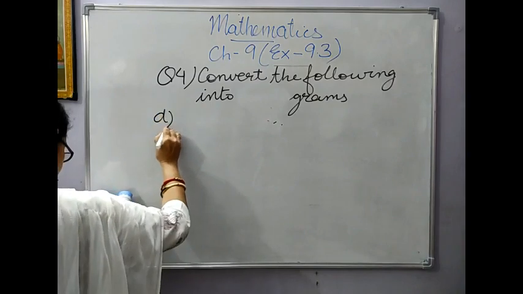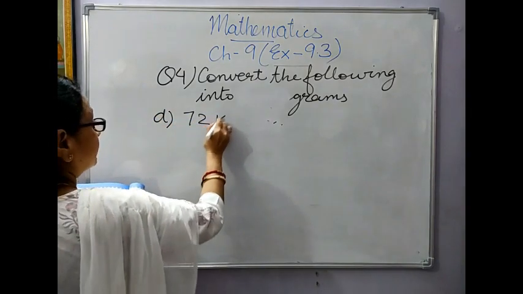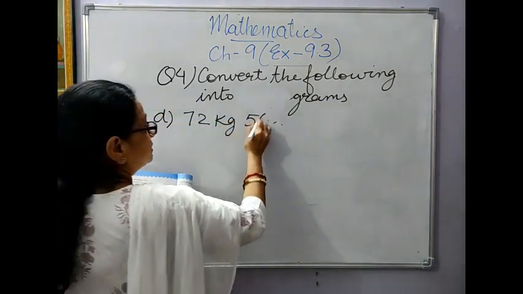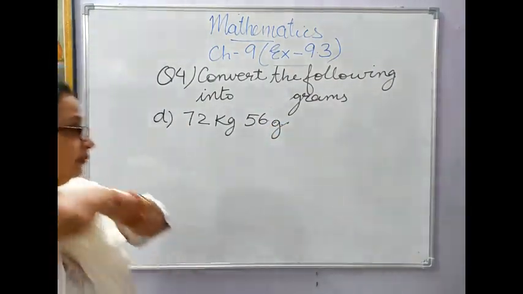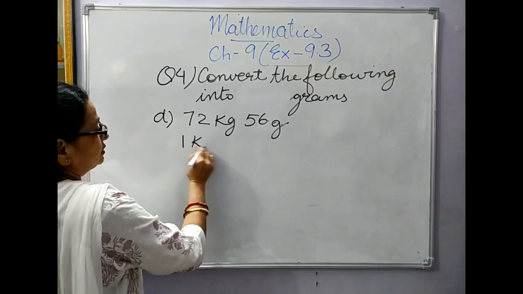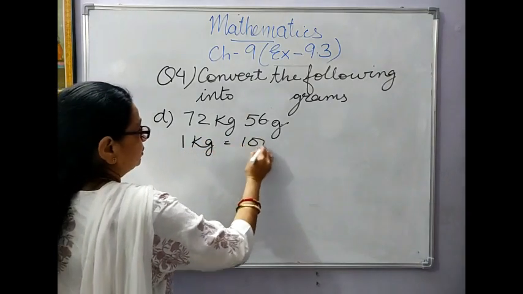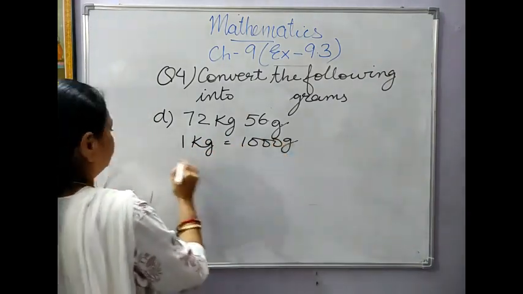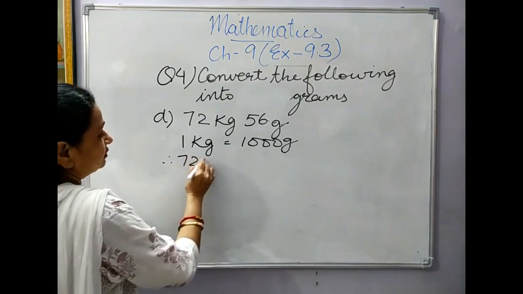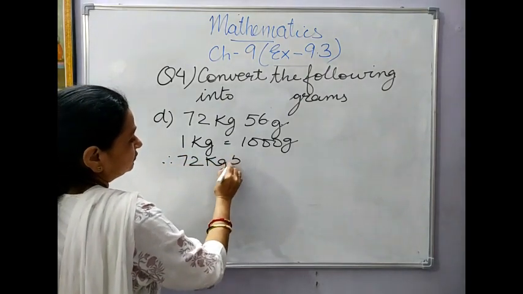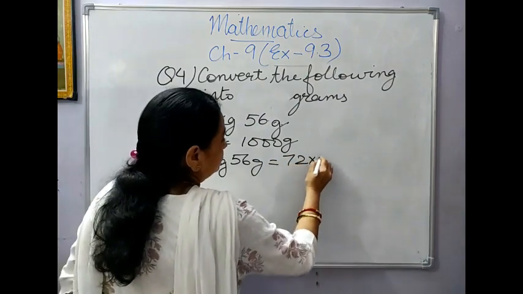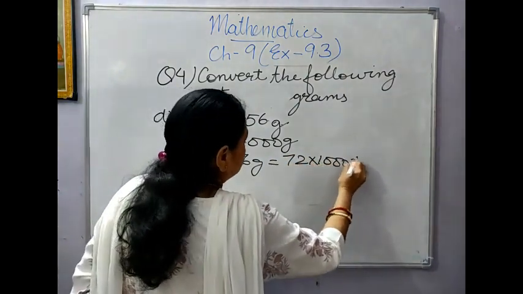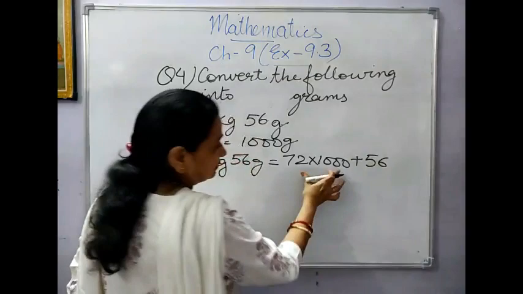Sum number D, 72 kg, 56 grams. Similar way, 1 kg is equals to 1000 grams. Therefore, 72 kilograms, 56 gram is equals to 72 multiplied by 1000 plus 56. Solve it.